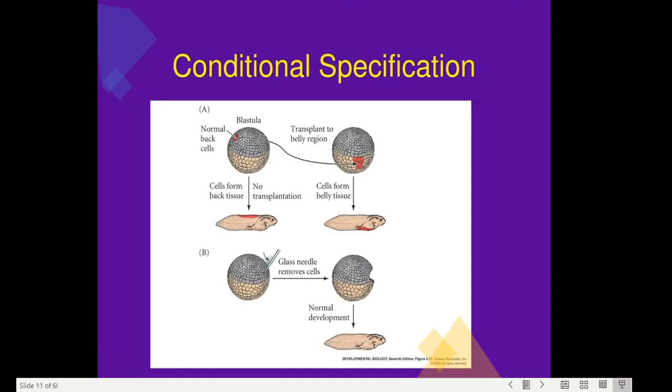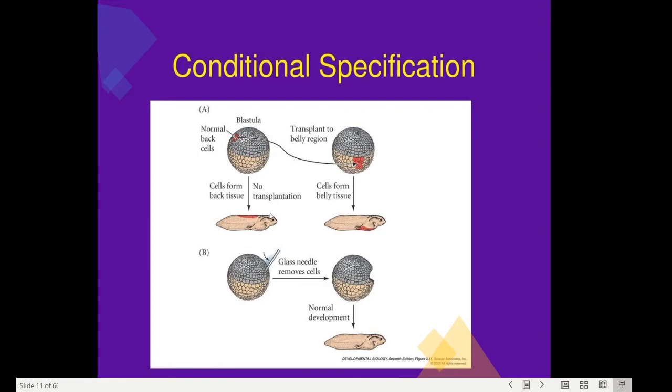In conditional specification, what happens? For example, this is the blastula. It has 3 different colors: red, blue, and sandal or biscuit color. That is, 3 types of tissues are present in the blastula. We want to replace the particular color-specific blastula cells with normal black cells. So they are transplanted back into the belly region.